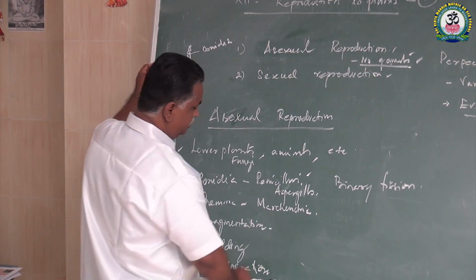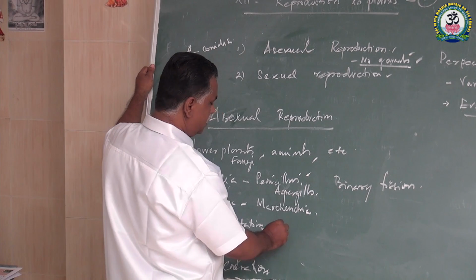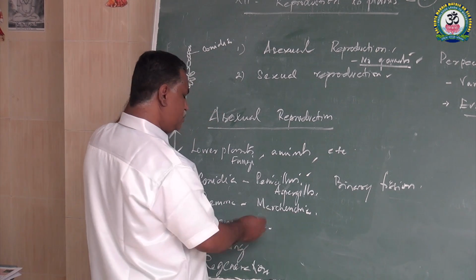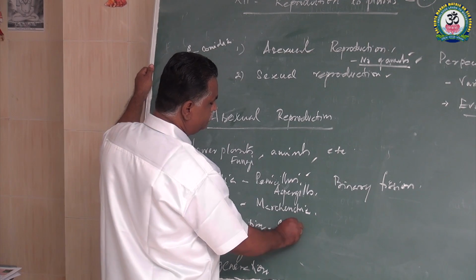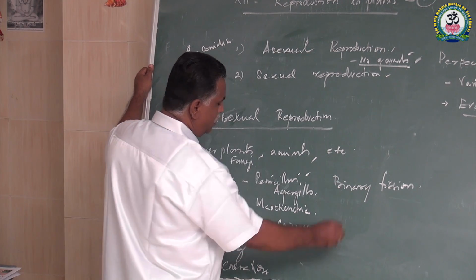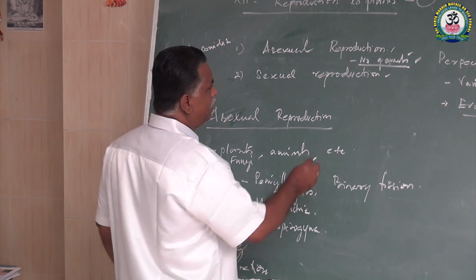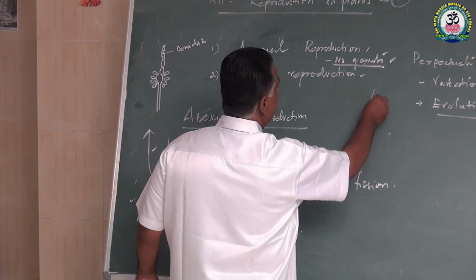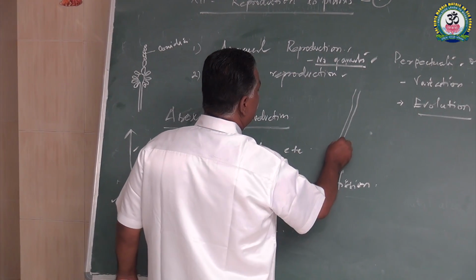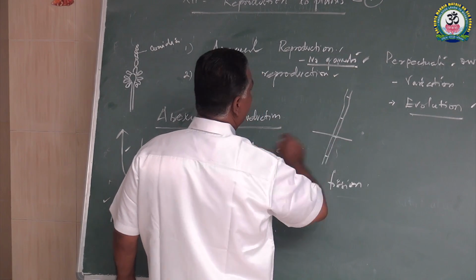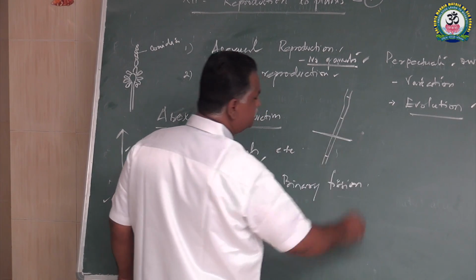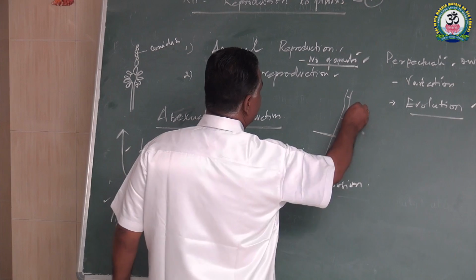And fragmentation. Fragmentation is probably seen in Marchantia also, but especially in algae like Spirogyra. If this is the filament with its cells, there is a fragmentation in certain places and the filament is detached.